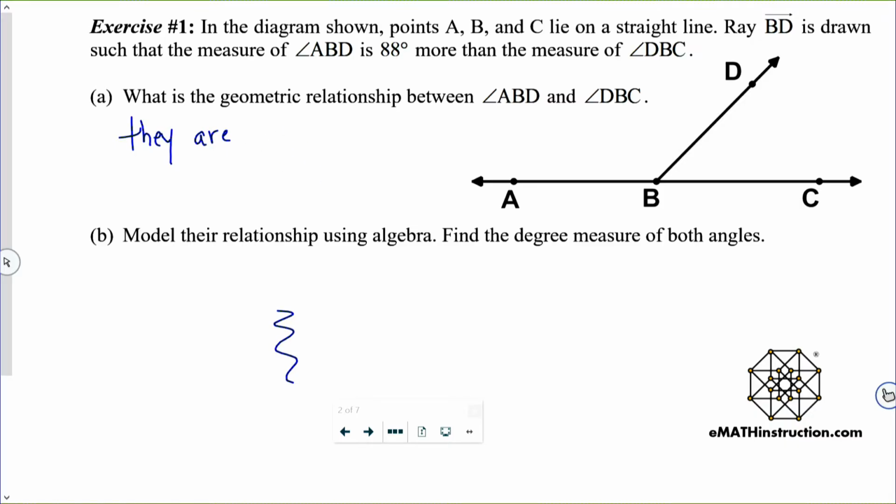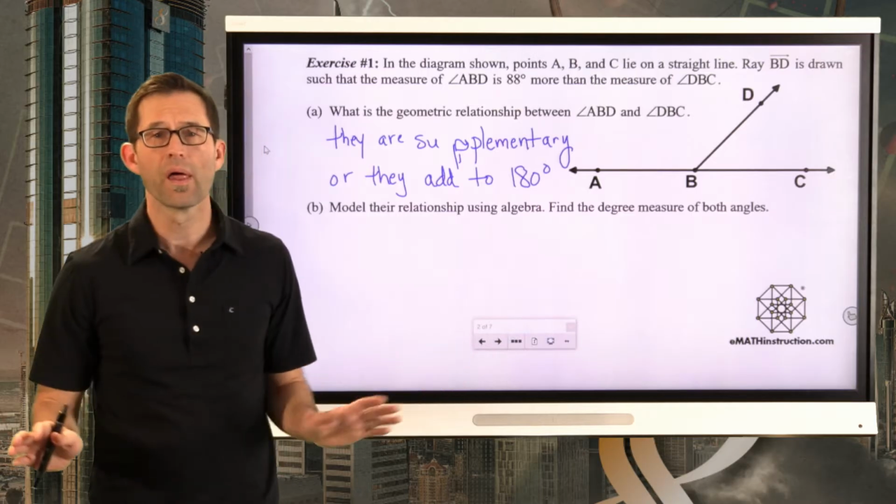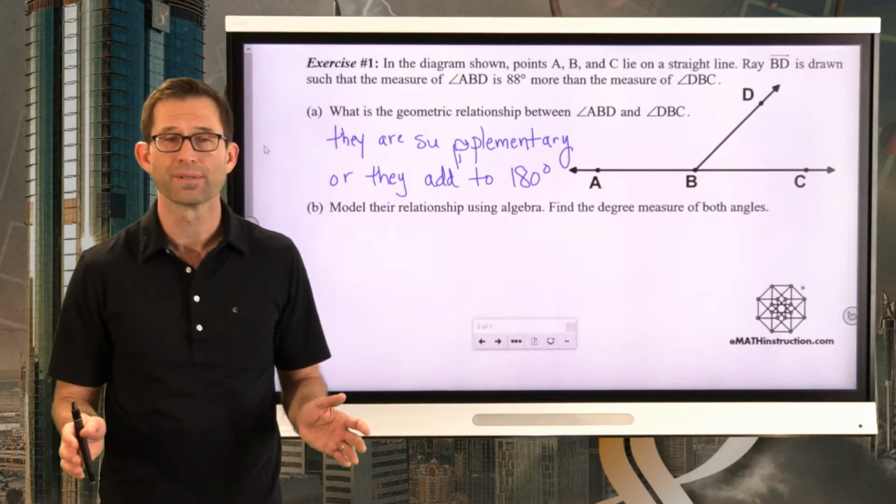We're going to say they are supplementary, or they add to 180 degrees. There is just a spot on that board that doesn't want to write. Well, that's an interesting looking P. All right, so the two angles are supplementary, or another way, they add up to 180 degrees.